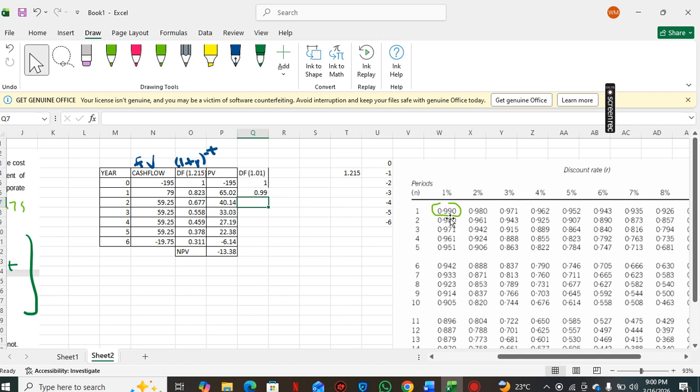Year 2, discount factor 0.98. Year 3, 0.971. Year 4, 0.961. Year 5, 0.951. Year 6, 0.942.